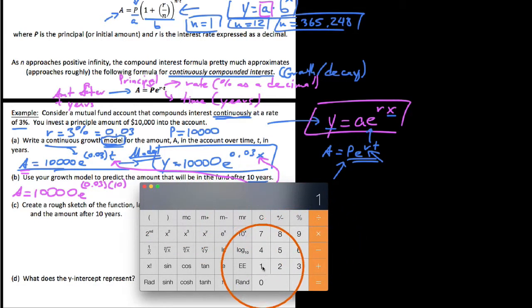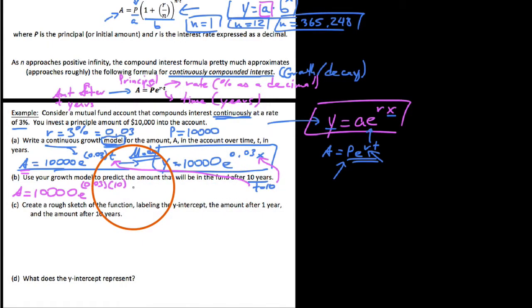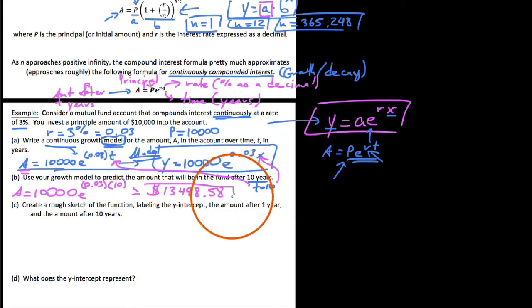We're going to take that times 10,000. So we get $13,498.58. So after 10 years, if compounded continuously at a 3% rate, we will have made almost $3,500, okay?